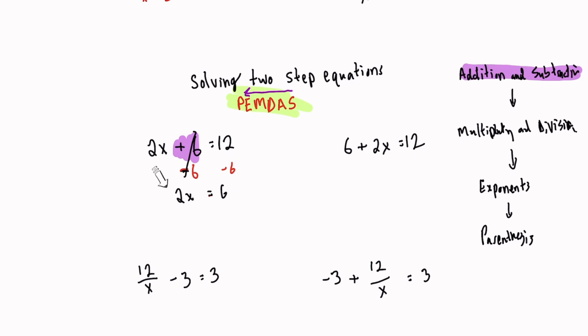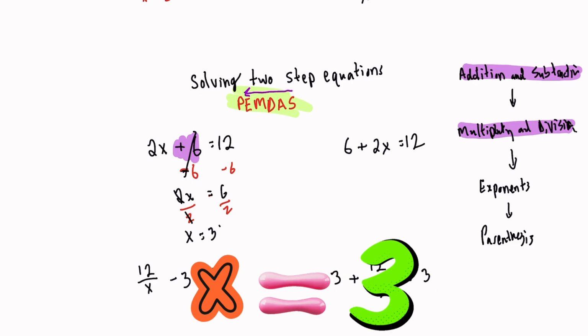Now we go to the next step, which is undoing the multiplication and division. This is 2 times x, because anytime you have a number next to a variable, it's multiplication. The opposite is division, so divide both sides by 2. These cancel out, and you'd have x equals 6 divided by 2, which is 3.